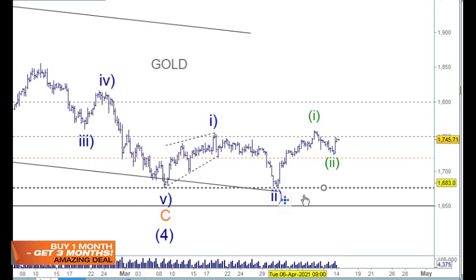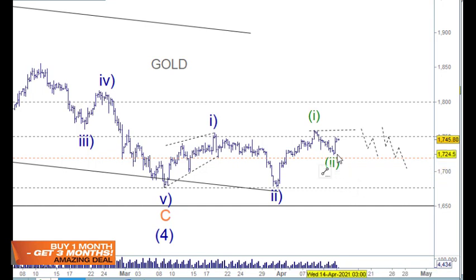Now, the important point about all of this is really not just this structure here, but this structure here. This is the important one, because whichever way you look at it, at the end of the day, once we got this top in place here, it was all about either having 3 waves down here or having 5 waves down here.